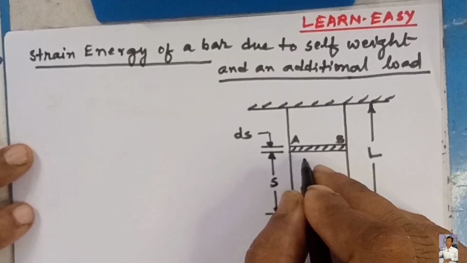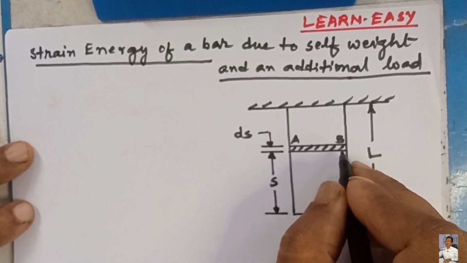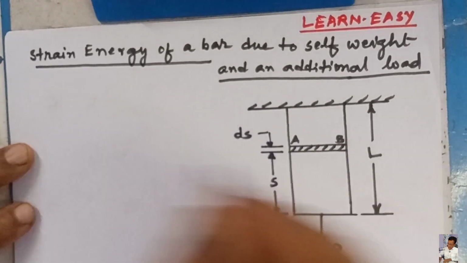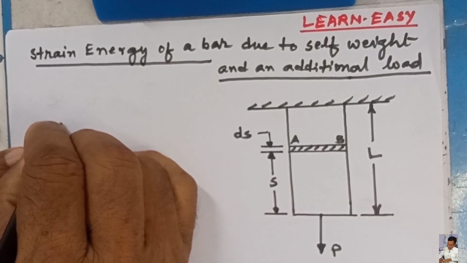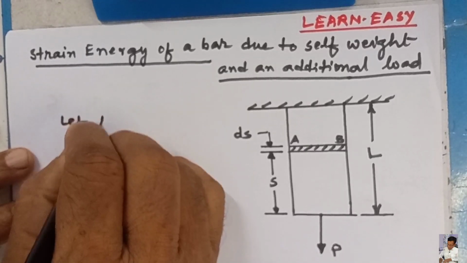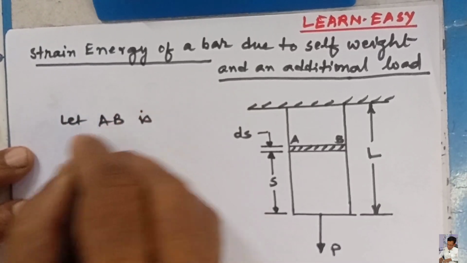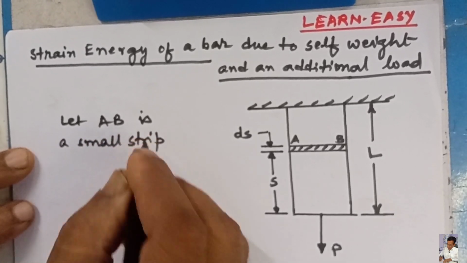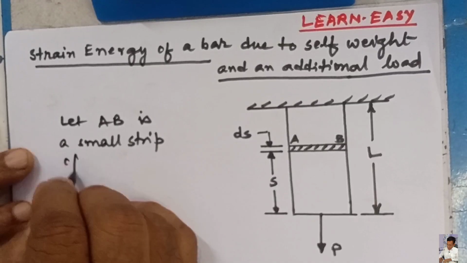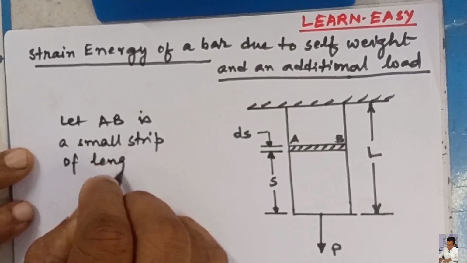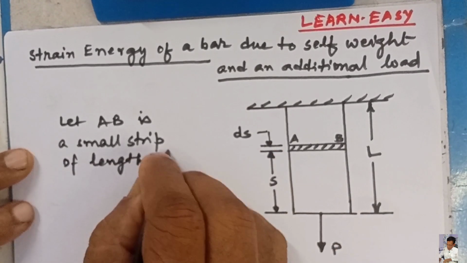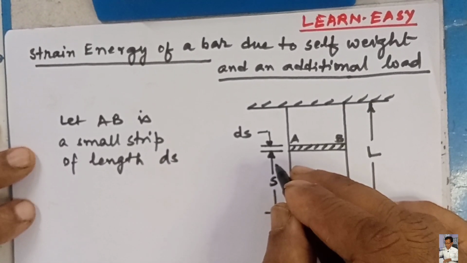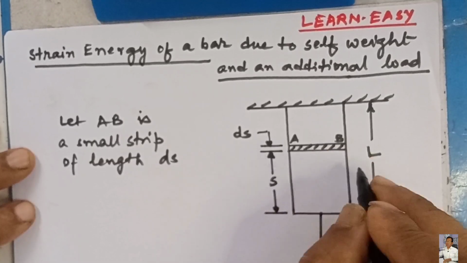Let AB be a small strip of length ds, and S is the length below section AB.